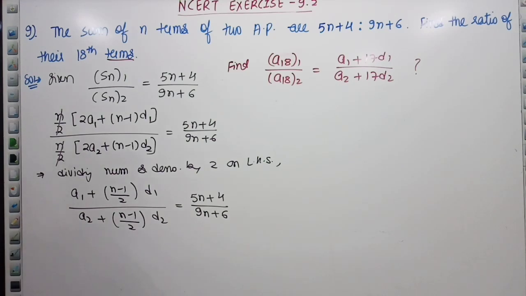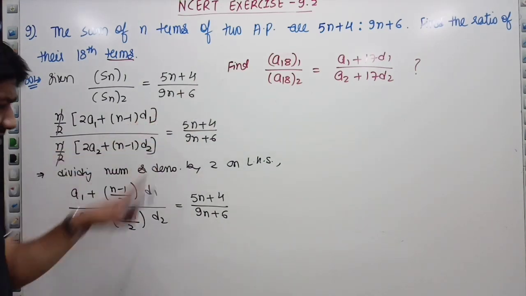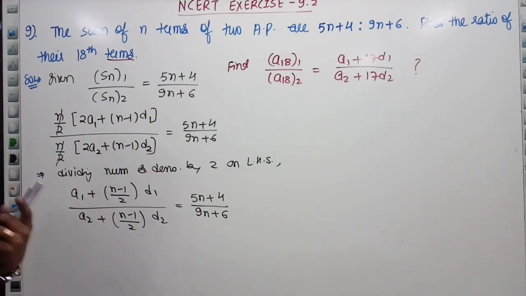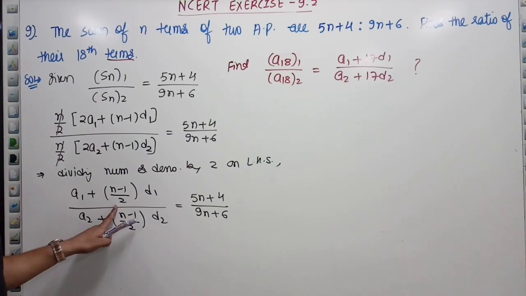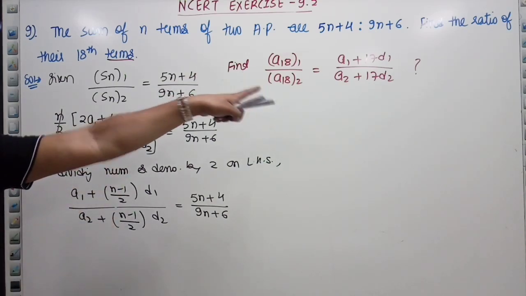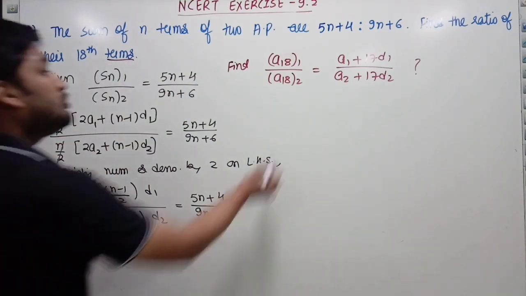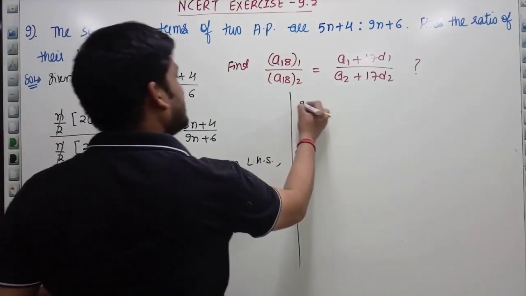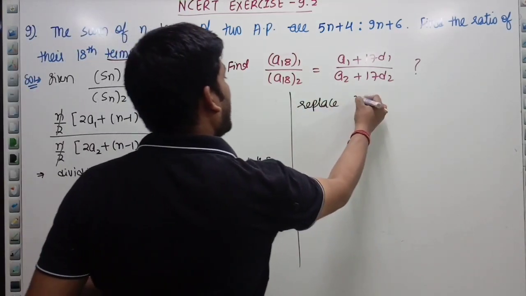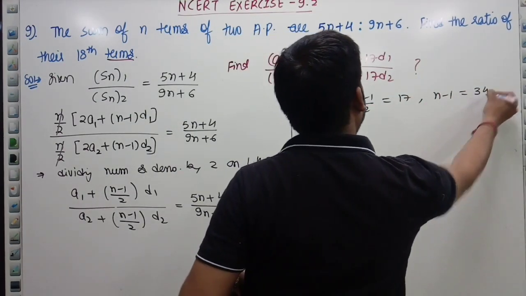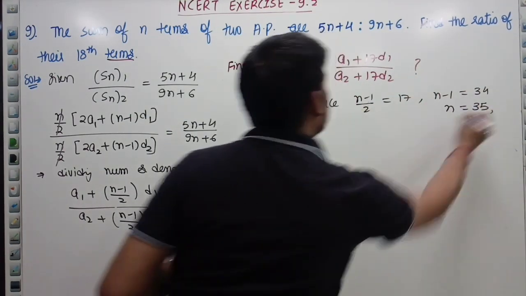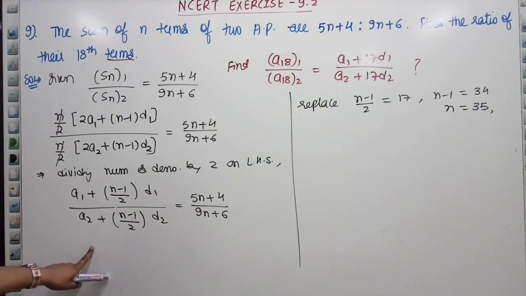Now just compare these two expressions. What difference will you find? You will say the first term is the same, d1 d2 is the same, but in place of (n minus 1) by 2 we have 17, right? We have 17. So what I will do, replace (n minus 1) by 2 equal to 17, so n minus 1 equals 34 and n is equal to 35. So put the value of n as 35, right?